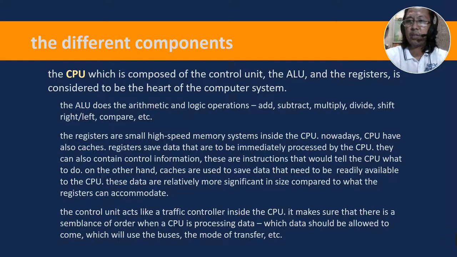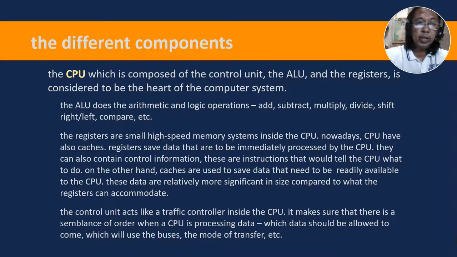Those are what your register can save. So one register, maliit lang. But for your caches, you have 512 MB. Then probably you also have like 256. These are much bigger than your registers.